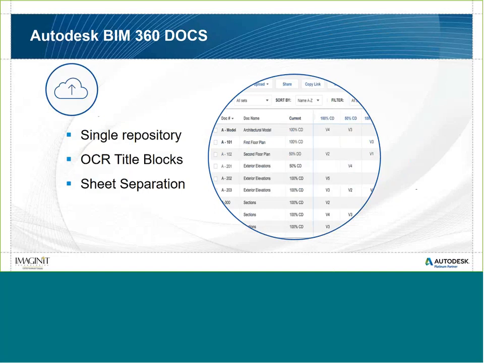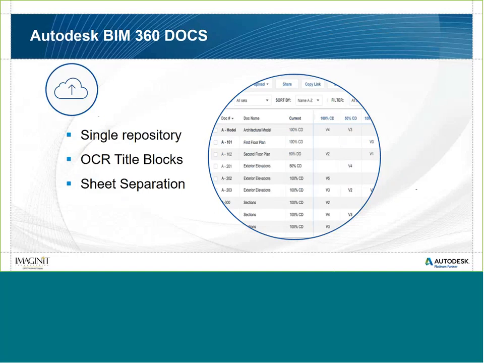So again, what BIM 360 Docs becomes is that single repository, that single source of truth for all of your data. And like I was mentioning before, the publish function basically automatically reads text off your PDF files in that case, and then names the sheets based on what it sees in the title blocks. It'll automatically in a PDF connect all the callouts together.